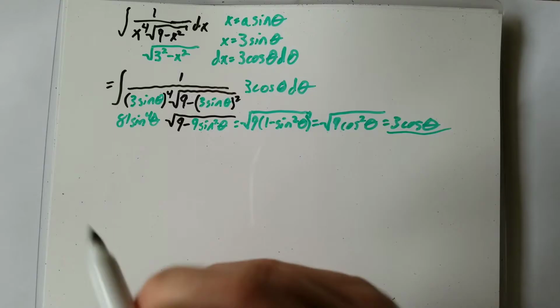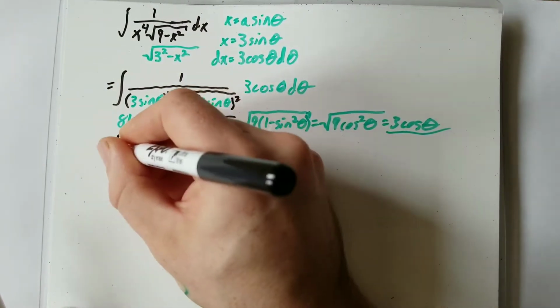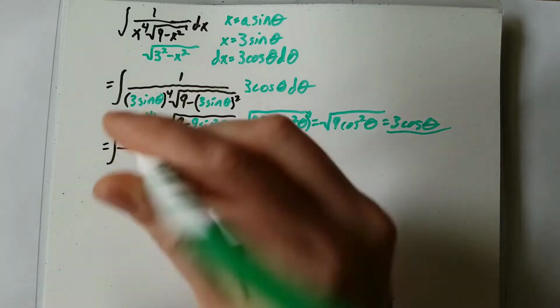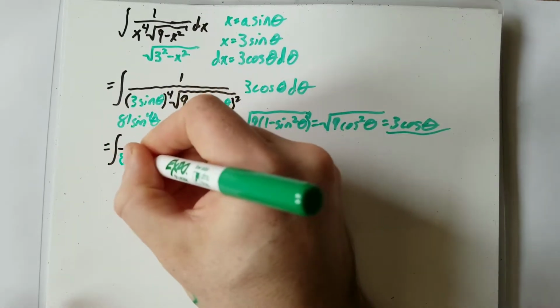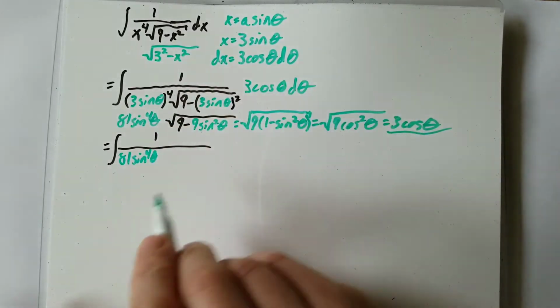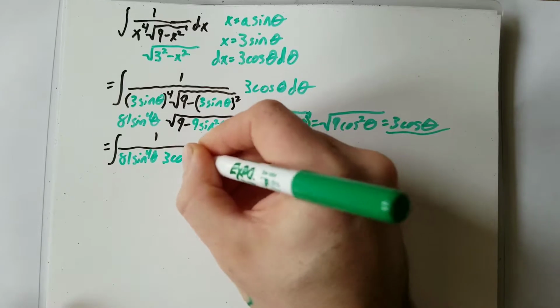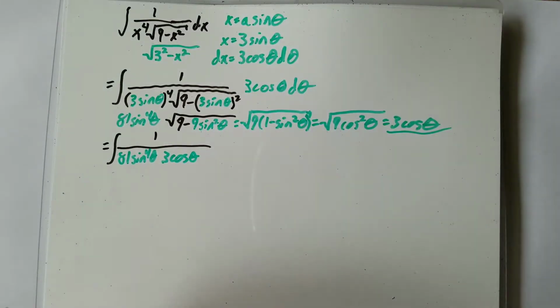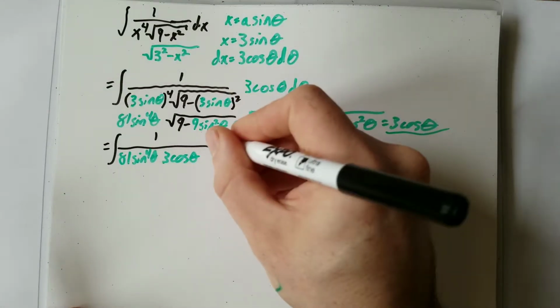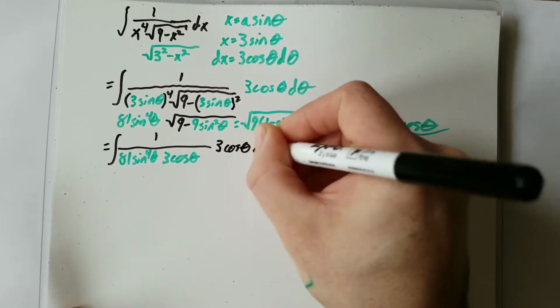So we can rewrite this as the integral of 1 over 81 sine to the 4th theta times 3 cosine theta, and then we still have our 3 cosine theta d theta.